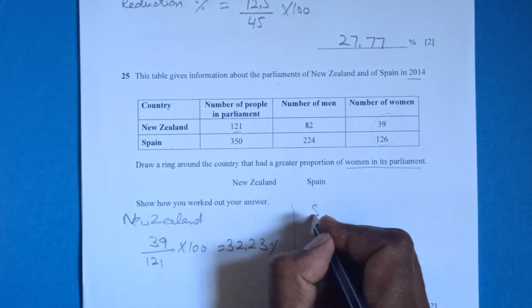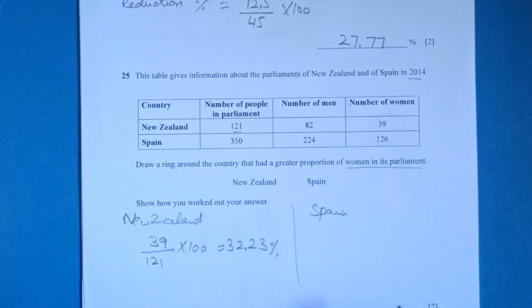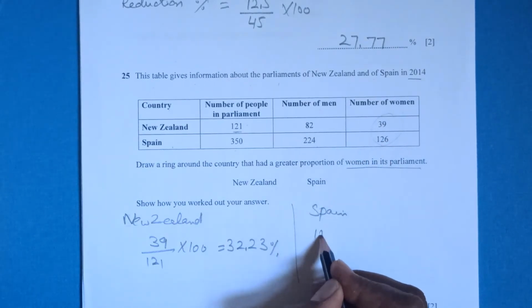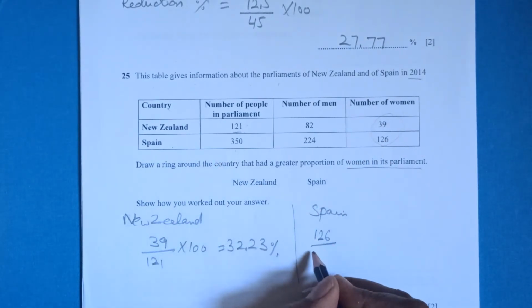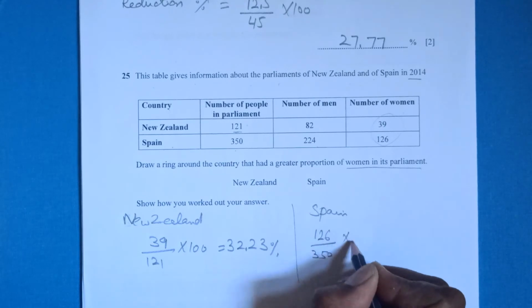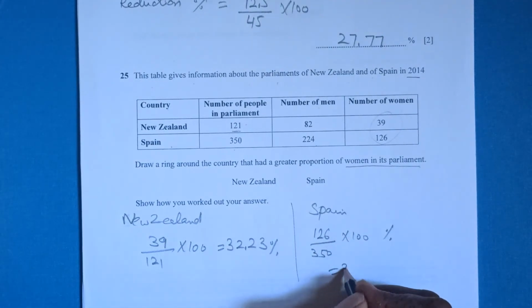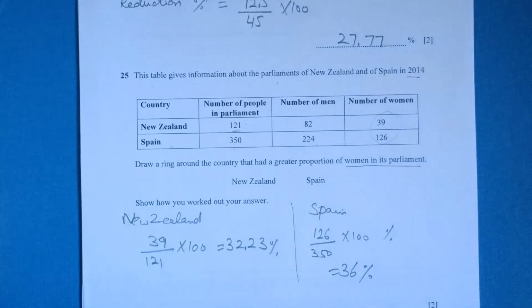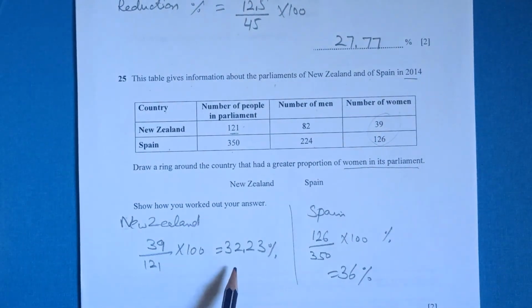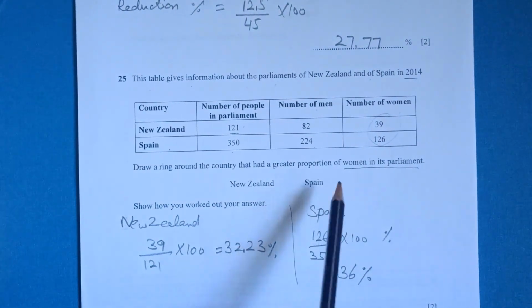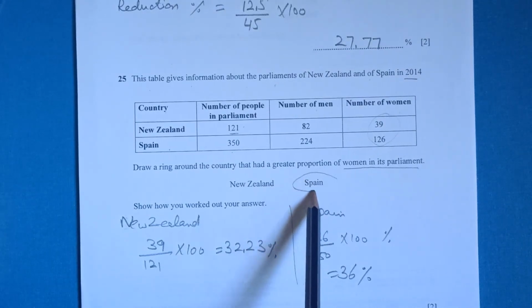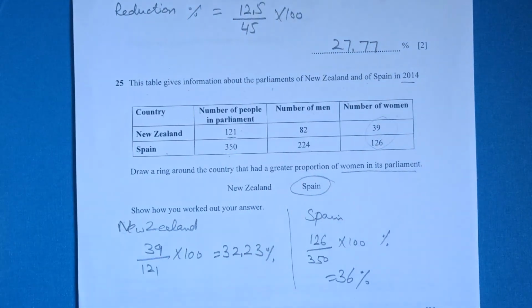And in Spain, there are 126 women out of 350, times 100 to calculate the percentage, and this is 36%. So which one is greater? Spain. The proportion of women in Spain's parliament is greater than in New Zealand.